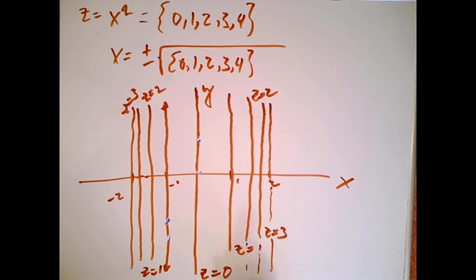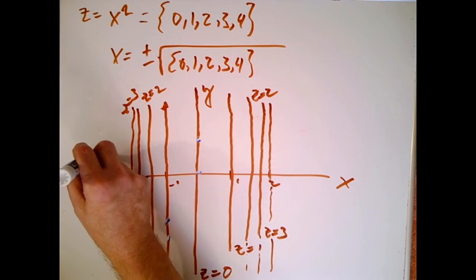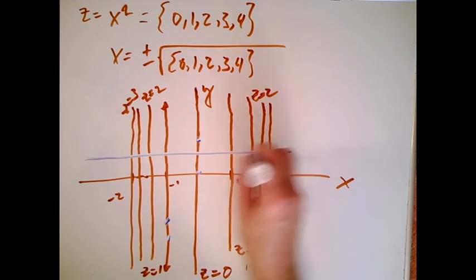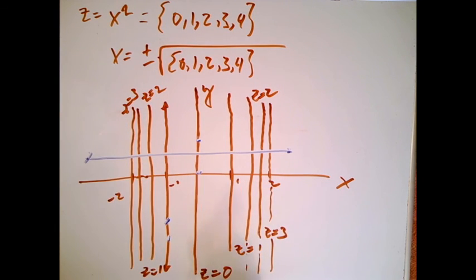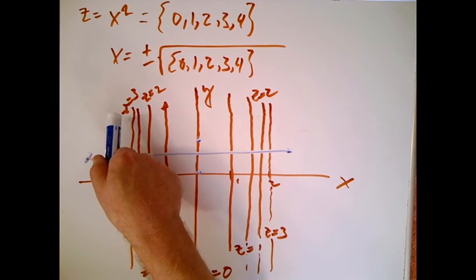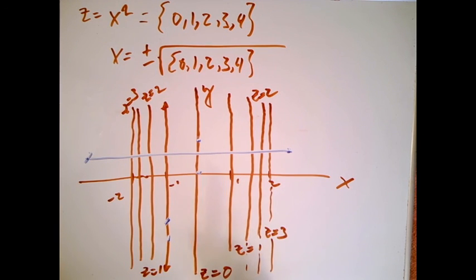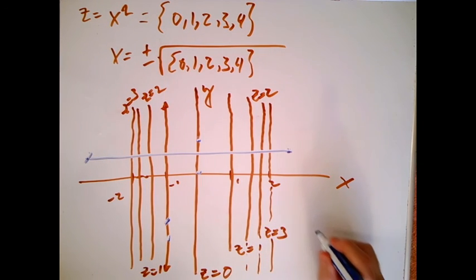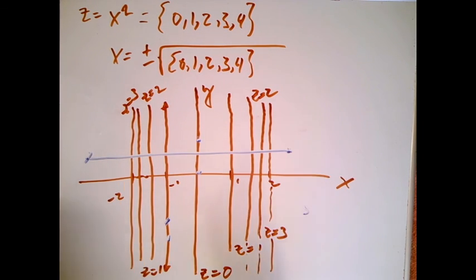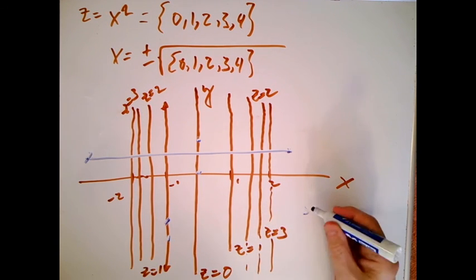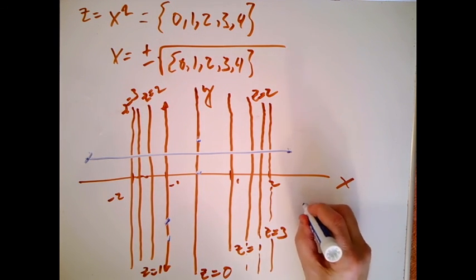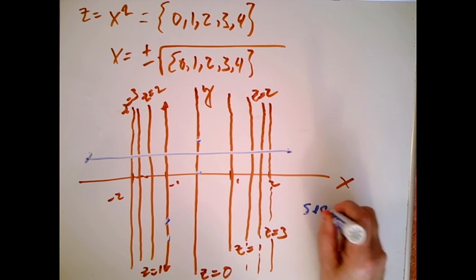One more thing about this, maybe two. If I were to have this surface and walk from west to east on this, what does it look like? I see that z goes from 4 down to 3, down to 2, down to 1, down to 0, and then back up. That's the nice thing about a contour diagram: you can tell what the sections, the cross sections, are going to look like.